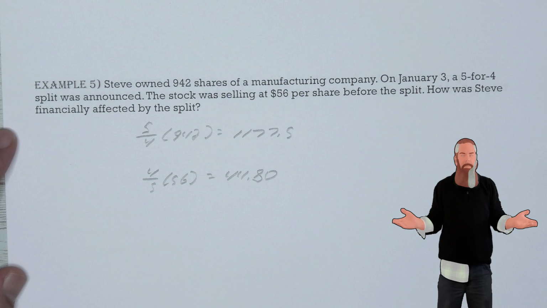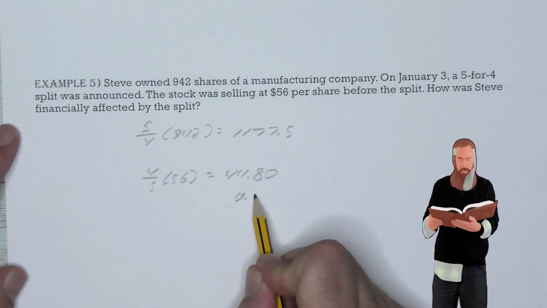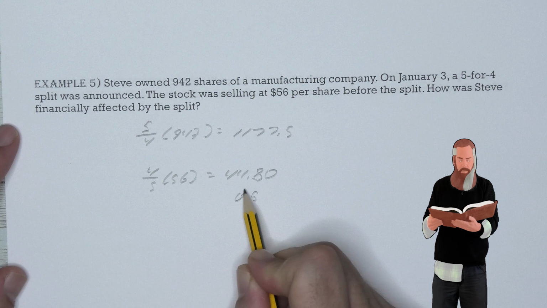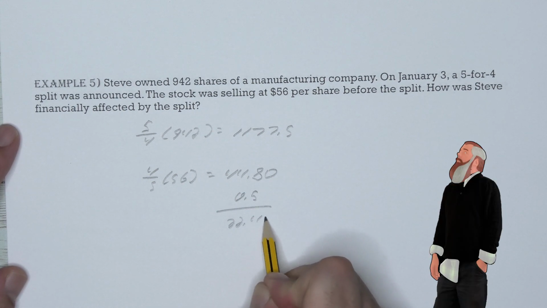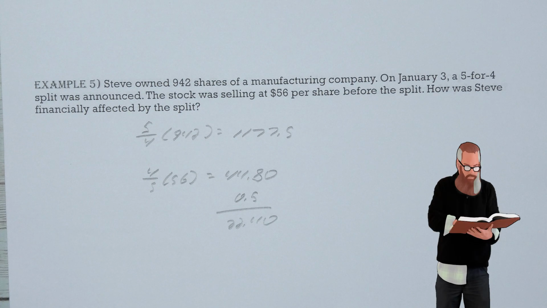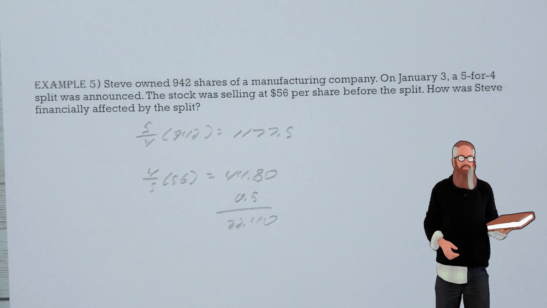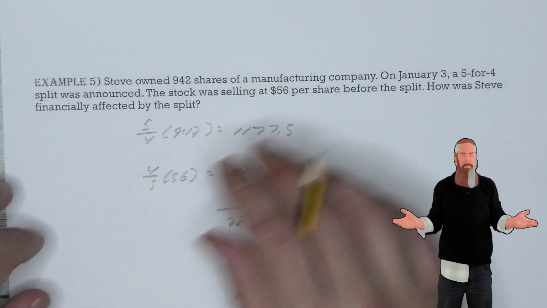The fractional part times the market price is equal to 0.5 times 44.80, meaning $22.40. So Steve received $22.40 in cash and 1,177 shares worth $44.80 each.